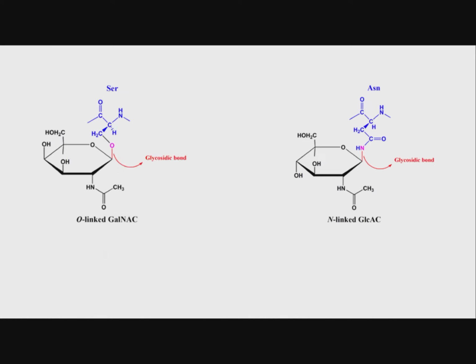We're going to talk a little bit more about organelle targeting. Oligosaccharides that are attached to proteins can also determine their cellular destination. We know that proteins sometimes get made in one region and transported to another, and so oligosaccharides play a role like a mail carrier.